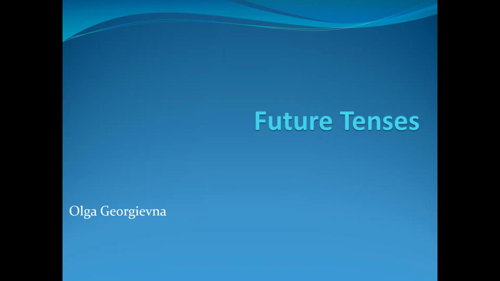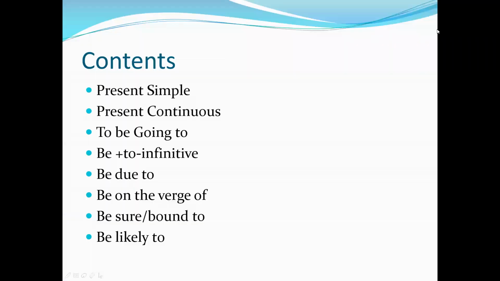At your last lesson, your teachers told you how to use future tenses. So I want to continue this topic and I will tell you how to speak about the future without using future tenses. During our lesson, we will revise tenses that you have already known: present simple, present continuous, to be, going to.